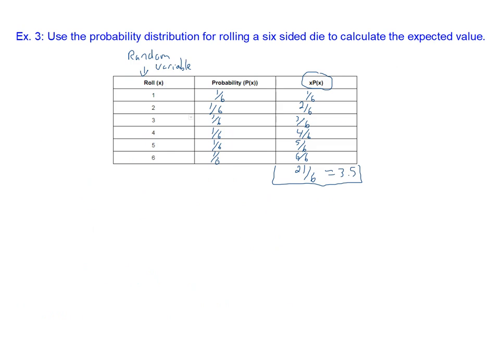So the process here of finding the expected value was no different. These were our x values, these are our weights, and then we just multiply all of those together, add them all up, and we get an expected value of 3.5.